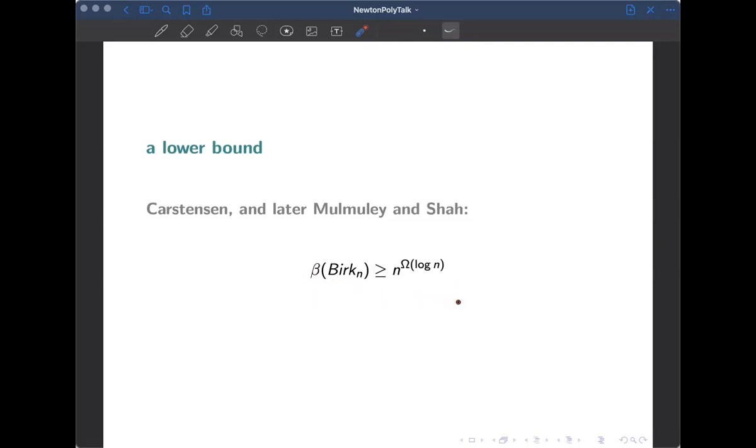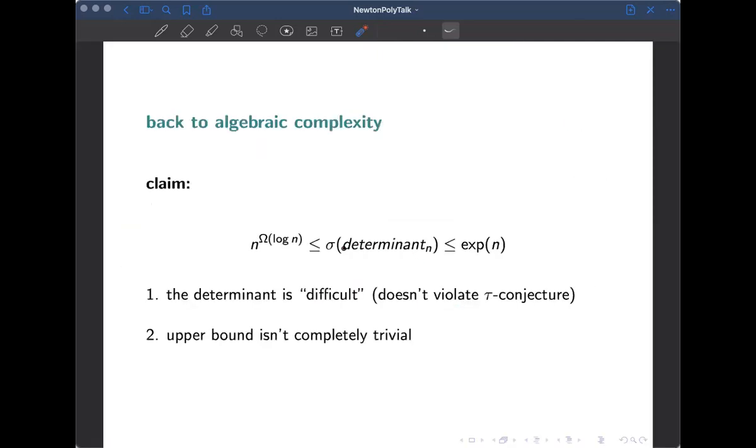Because of our observation that I just explained, we get a lower bound on the shadow complexity of the determinant. The shadow complexity of the determinant is equal, up to a factor of 2, to the number of breakpoints of the Birkhoff polytope, which is at least this number. This was proved by Carstensen. On the other side, we can also prove, with a different argument, that the shadow complexity is at most exponential in n.